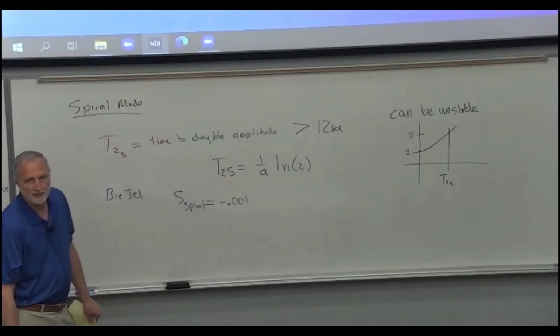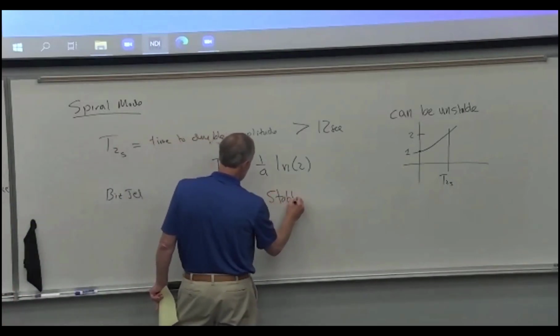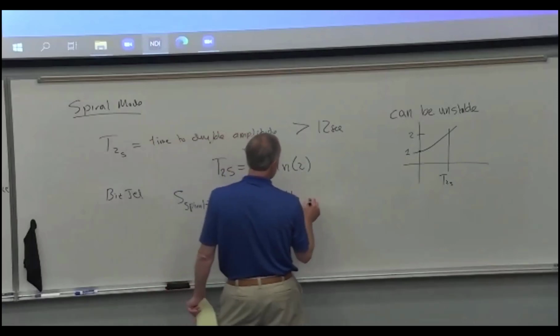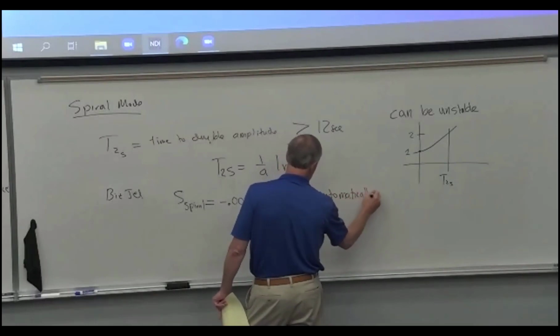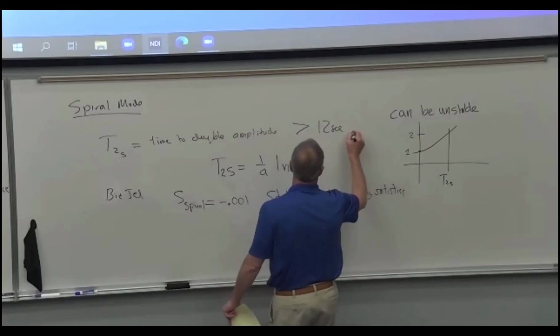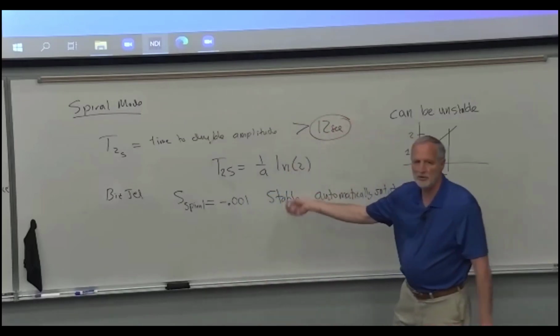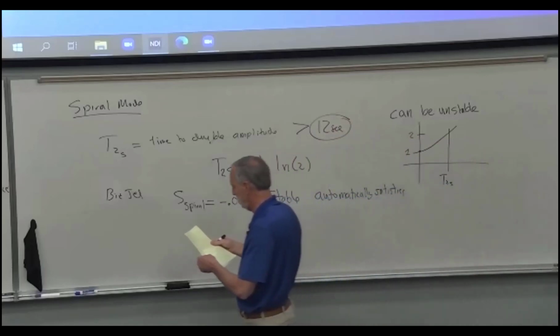What does that mean? It means this is stable, so it does not double amplitude at all, so it automatically satisfies. Because this is saying how unstable it can be, so if it's stable, it's got to be better than unstable. That's the normal analysis that's done.